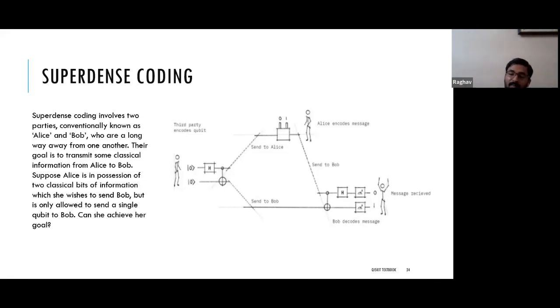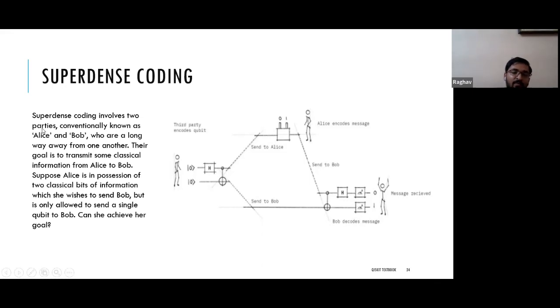So people proposed this protocol to use quantum channels to transfer our classical information, or classical bits 1 and 0. The problem goes like this.